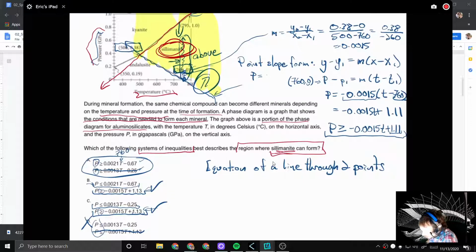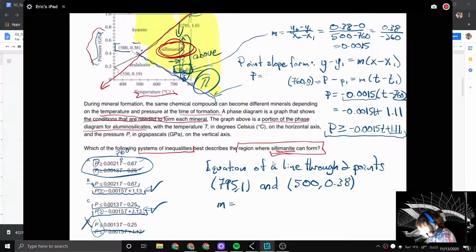So we have the 2 points, 795, 1, and 500, 0.38. And so now we're going to write the equation of the line that goes through those 2 points. We're going to find our slope and use our point-slope form of the line to get that equation.